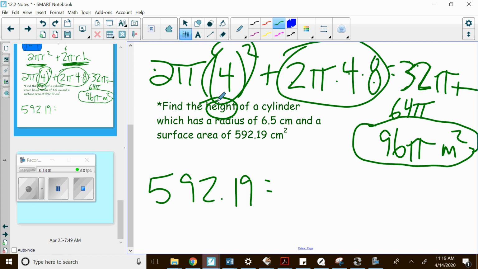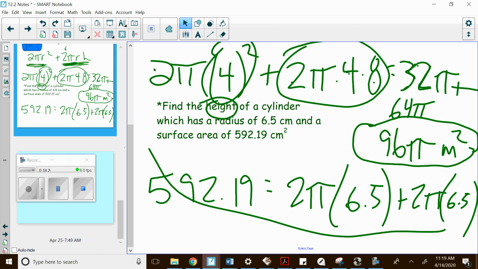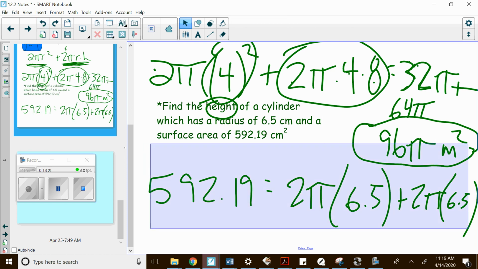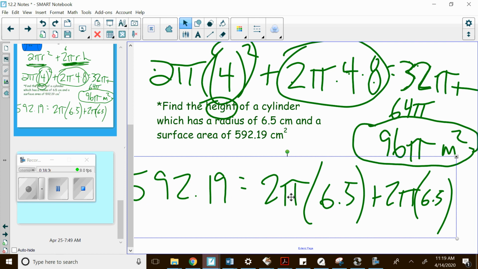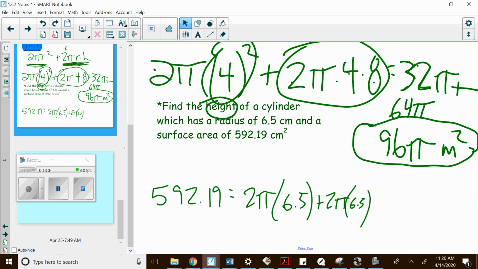Remember, 2 pi r squared, 2 times pi, and the radius is 6.5, plus 2 times pi times 6.5 again, times your height, which is what we're trying to find here.